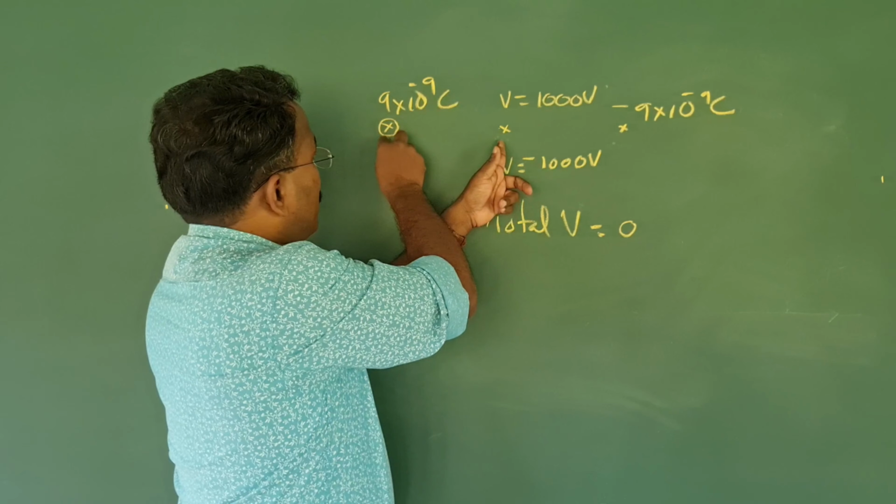When you are bringing that charge here, the force on that is the electric field intensity. The electric field intensity is equal to 1 by 4 pi epsilon 0 into Q divided by R square. You can recollect the formula.